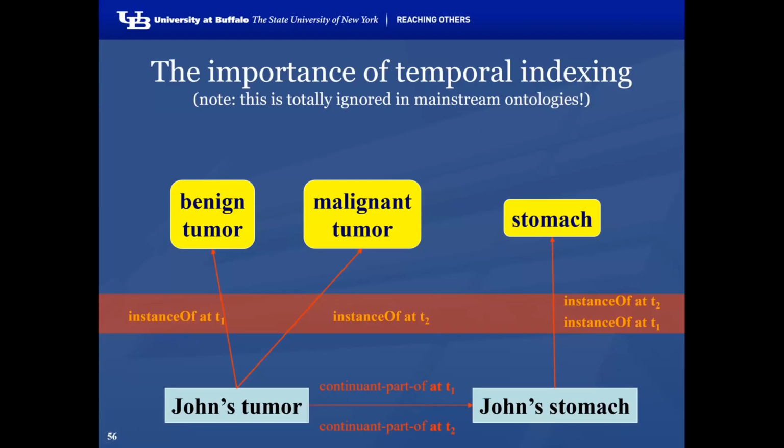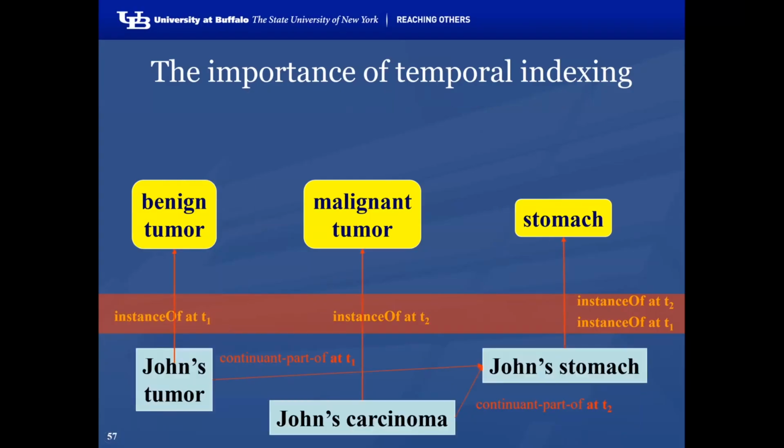Now compare that with this situation. Here you have two tumors. You have John's tumor, which at T1 is a benign tumor, and you have John's carcinoma, also in the stomach, which is a malignant tumor. Both of them are in John's stomach, which at both times is his stomach. If you look only at the top part here, imagine an electronic healthcare record where diagnoses are written down.